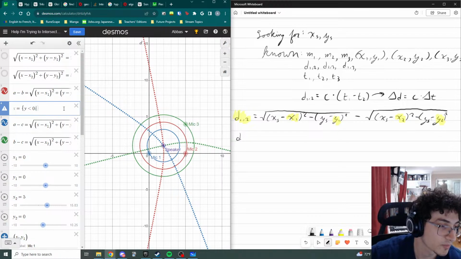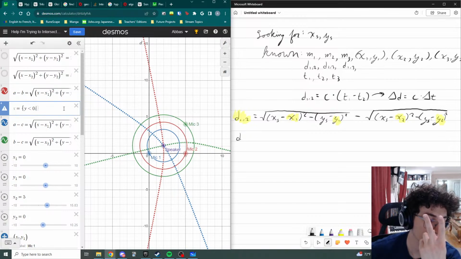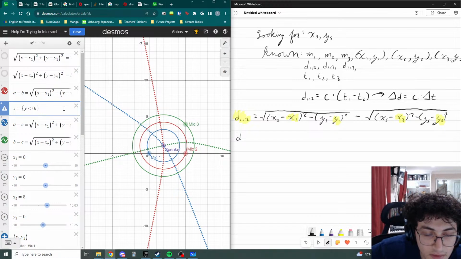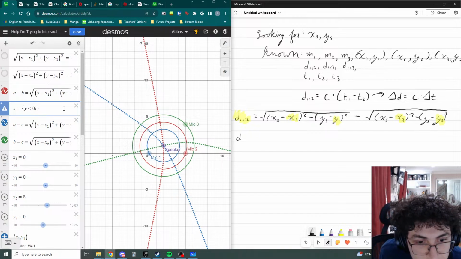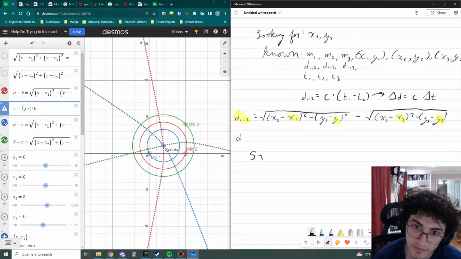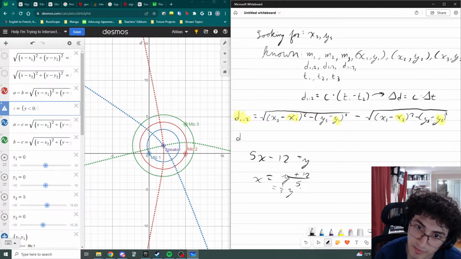As soon as you flip my brain from x comma y to y comma x, I just break. Normally this equation would look like 5x minus 12 is equal to y. So x has to be equal to y plus 12 over 5, which is equal to 1/5 y plus 2.4, right?